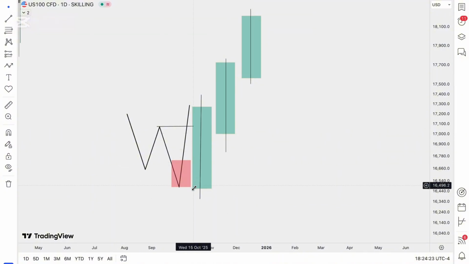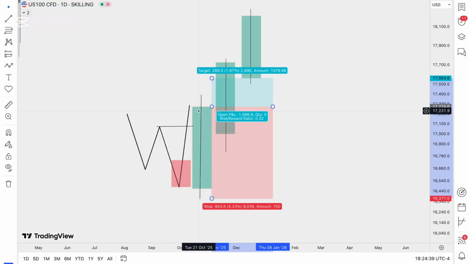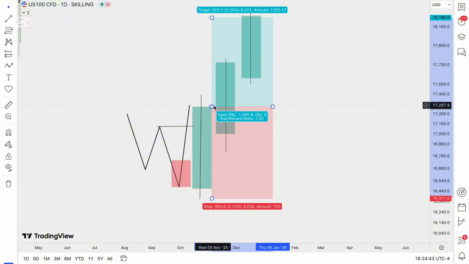So as soon as I see price break above this high with the proper close, I have two choices, right? I can be aggressive or I can be conservative. So I can either enter the position right here on the break and close of this candle, or I can wait for the second candle to form and close above the high as well, then I enter the position, which is more conservative.